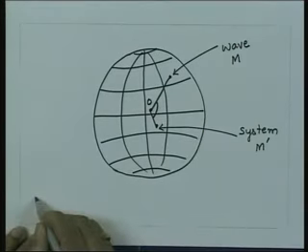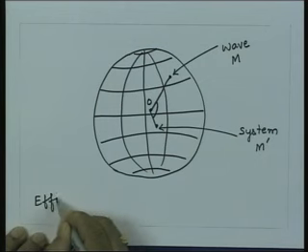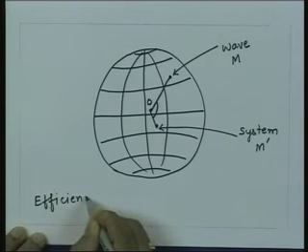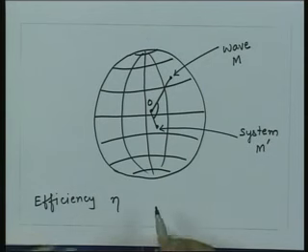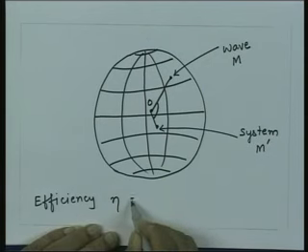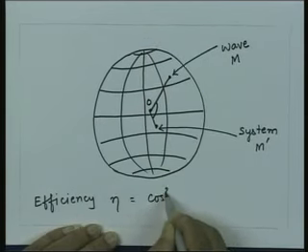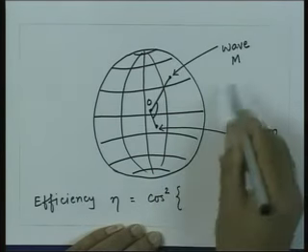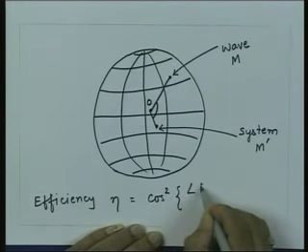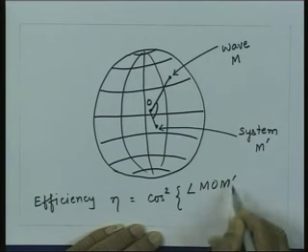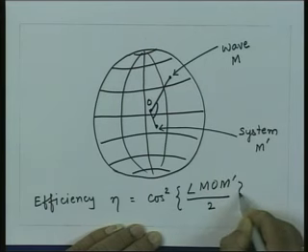The efficiency of power exchange is cos square of this angle M O M prime divided by 2.